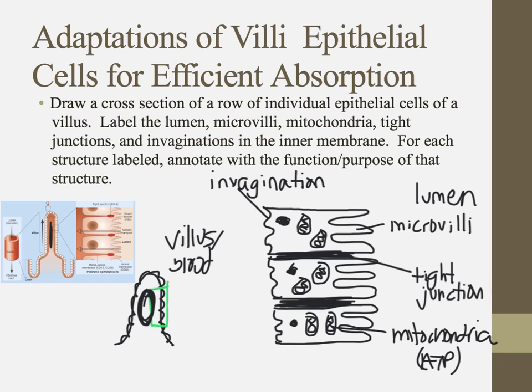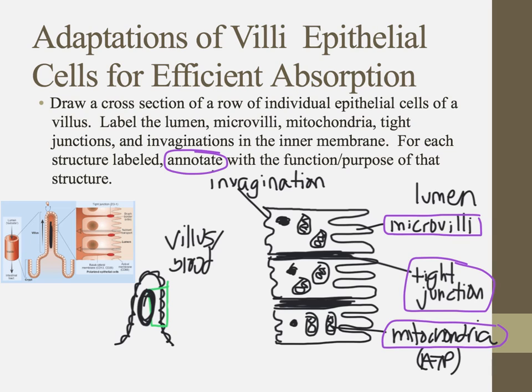So now I want you to go back and annotate your drawing with the functions that we just talked about. So we just talked about the function of the mitochondria. You also need to talk about why they have tight junctions. What are the purposes of these microvilli? And what are the purposes of these invaginations?